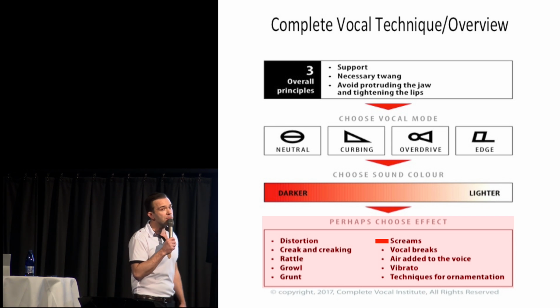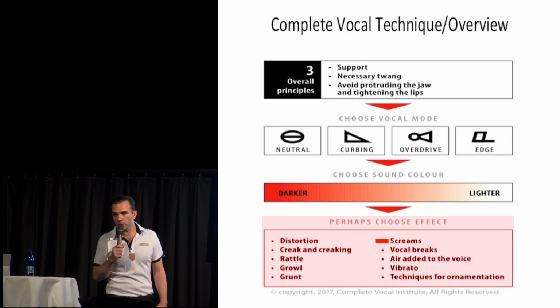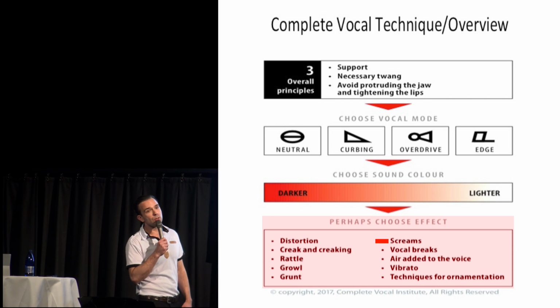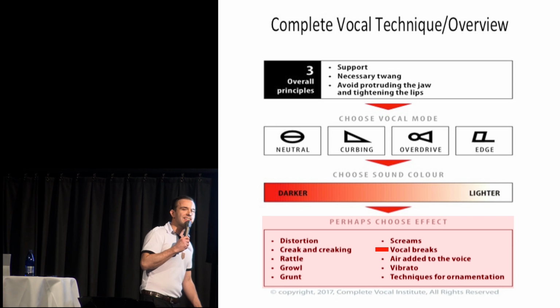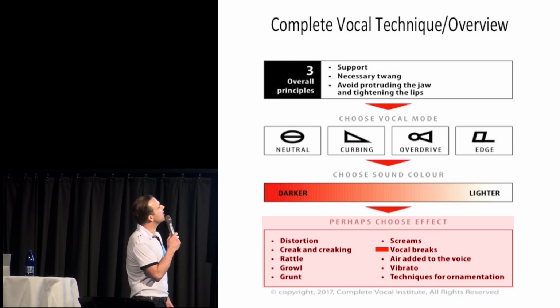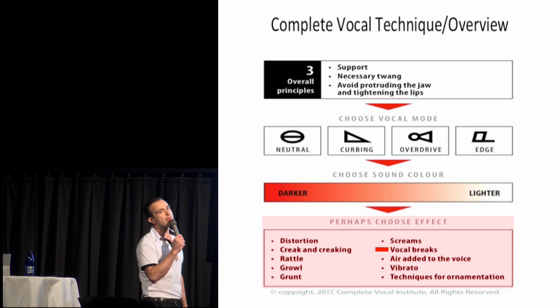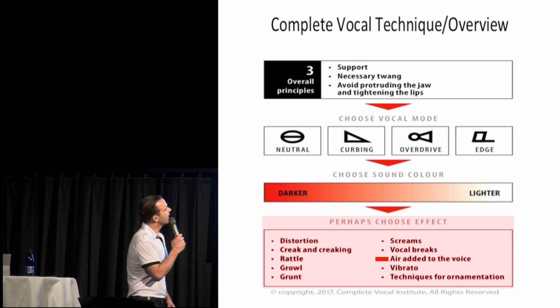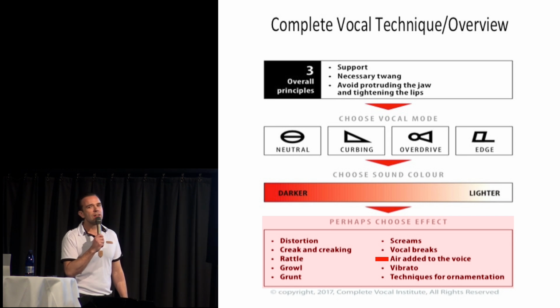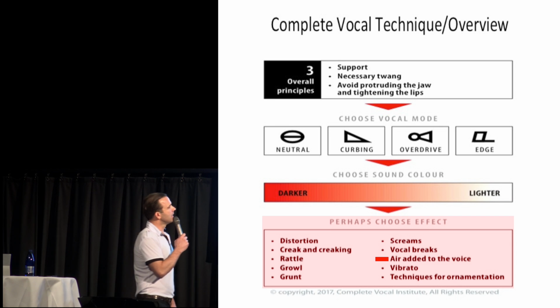Then we have screams, which is actually just a high-pitched note, a sudden outburst. So here we go. Vocal breaks. If you remember that guy. Air added to the voice, oh baby.